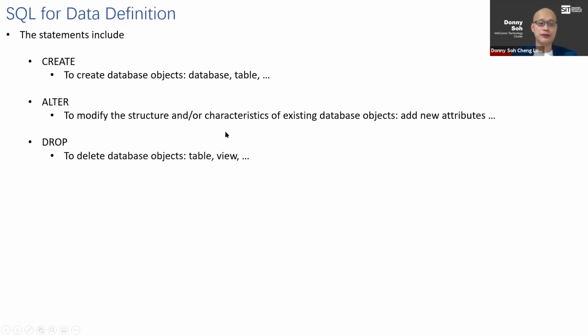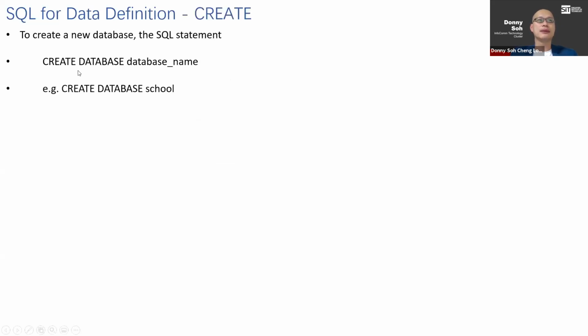Firstly, the SQL for data definition is create, to create database objects and database tables, and to modify the structure of database objects. You can also drop database objects like tables or views. An example is create database name. This is how the create database command would look.